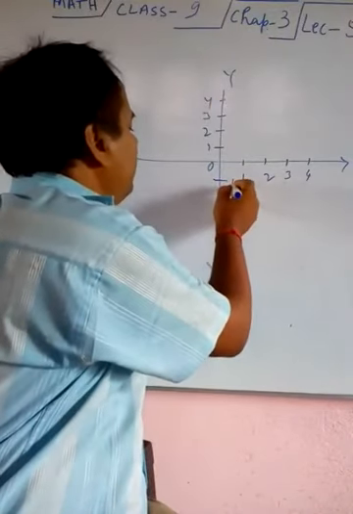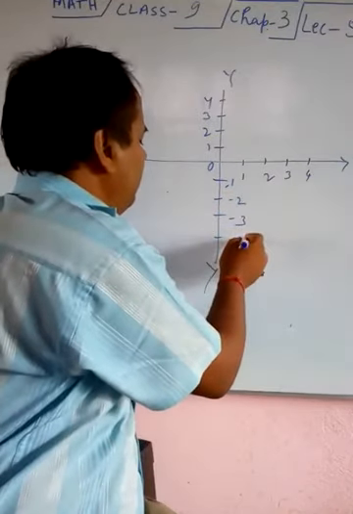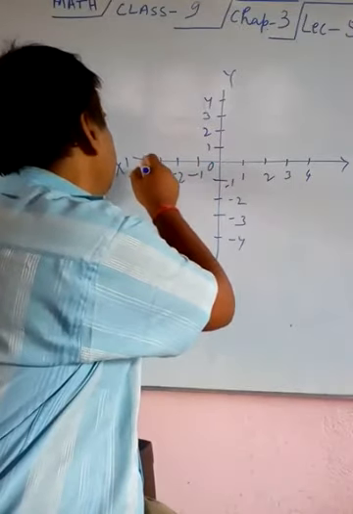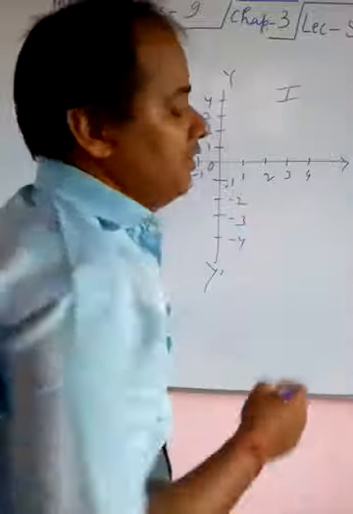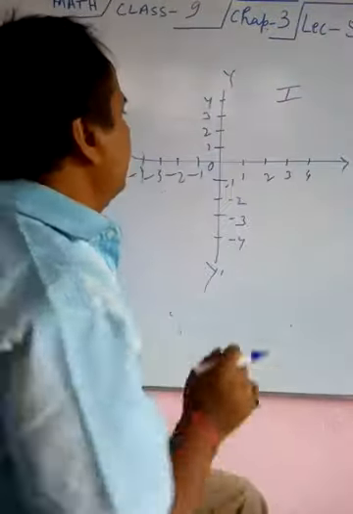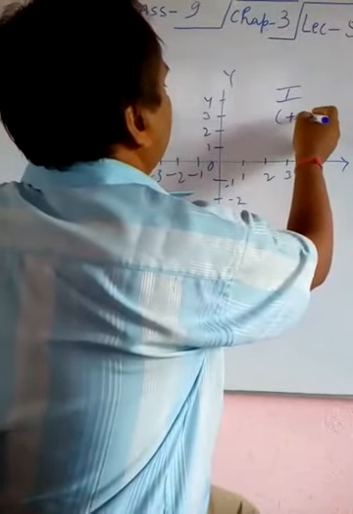But here it is -1, here it is -2, here it is -3, here it is -4, likewise here also. So in the first quadrant, both the abscissa and the y-coordinate will be plus, plus.